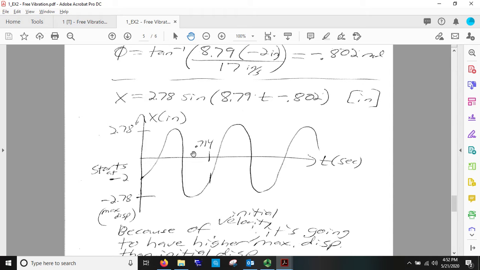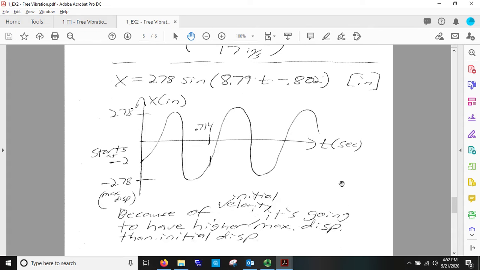It's going to be kind of hard to graph this on paper, but you can kind of tell that 0.714 is when it goes from this place back to that place. That's one full period. Or if you wanted to just mark from peak to peak or trough to trough, that would also be a period. So this is a great graph to see. The initial velocity is going to push it that way, and then it's going to have a higher maximum displacement than the initial displacement. So I love this problem.